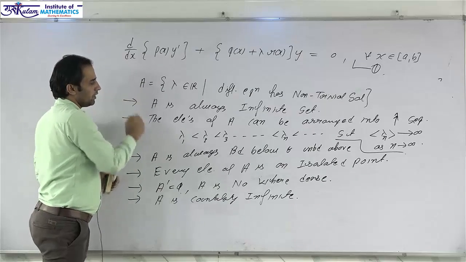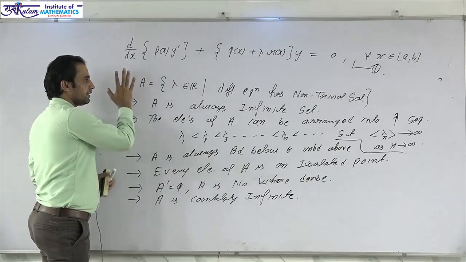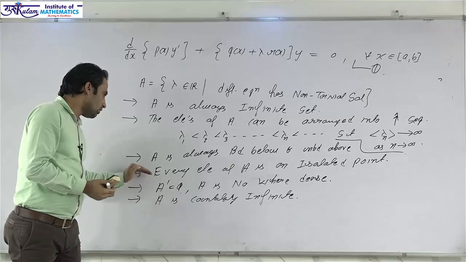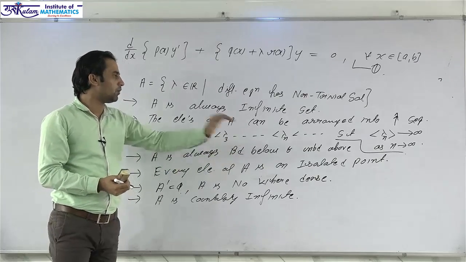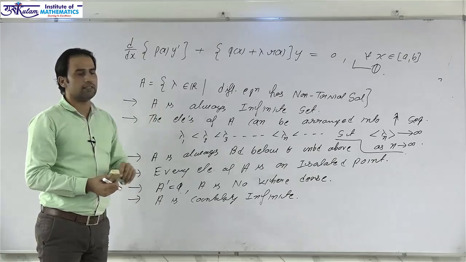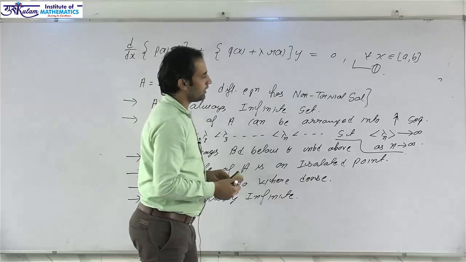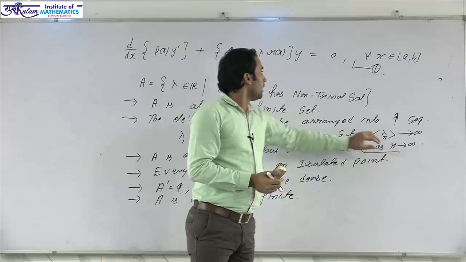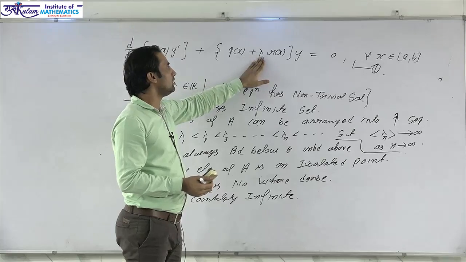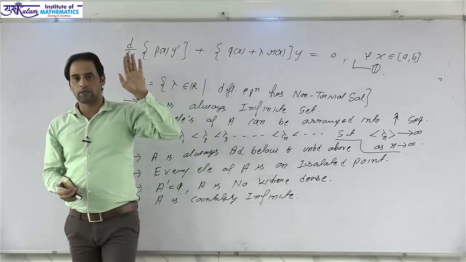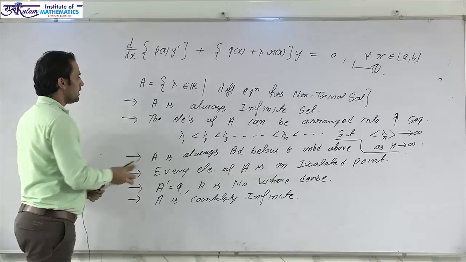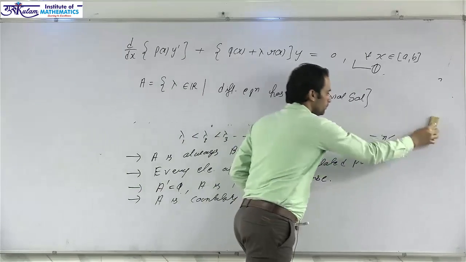The set of eigenvalues is always countably infinite, does not contain any limit point, is always bounded below and unbounded above, and the main property is that the set of eigenvalues can be arranged into a strictly increasing sequence which diverges to infinity as n tends to infinity. And we are assuming that this sign is always positive. If there is a minus sign, we can replace lambda by minus lambda, and further we will go for these properties. And based on this property, again we can continue with some of the other properties.